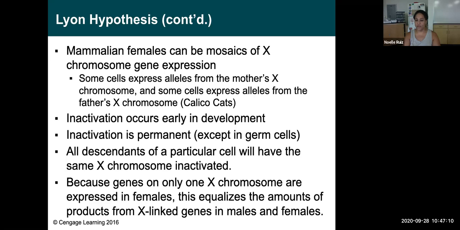Because genes on only one X chromosome are expressed in females, this equalizes the amounts of products from X-linked genes in males and females. There are a lot of genes that are just on the X chromosome. Females do not produce double. It just means only one X chromosome is active.